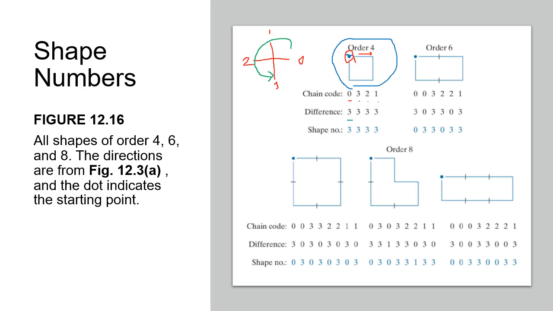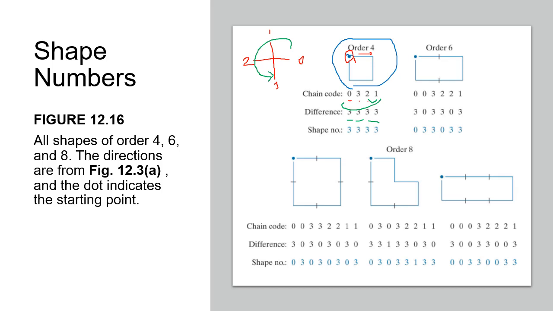And then the difference between 2 and 3 is also 3. 1 and 2 is also 3, and 1 and 0 is also 3. So the differences are all 3 here. And the shape number is defined as the minimum of the difference.